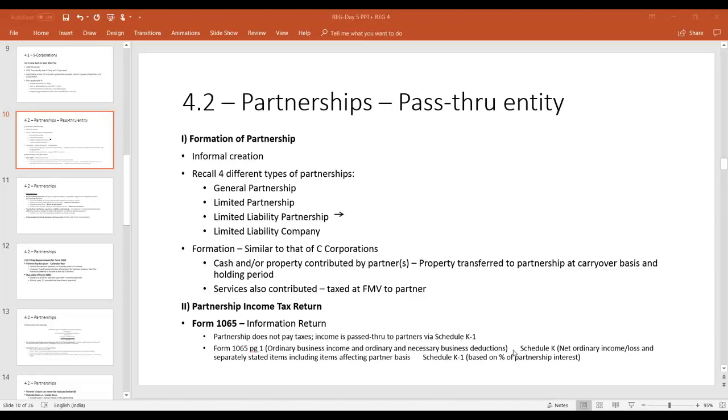When we did S corp, we talked about what these separately stated items would be: interest, dividends, capital gains and losses, rental income, Section 179 depreciation, tax-exempt interest income, and charitable contributions. These are all separately stated because the treatment of each depends upon the individual's tax situation.